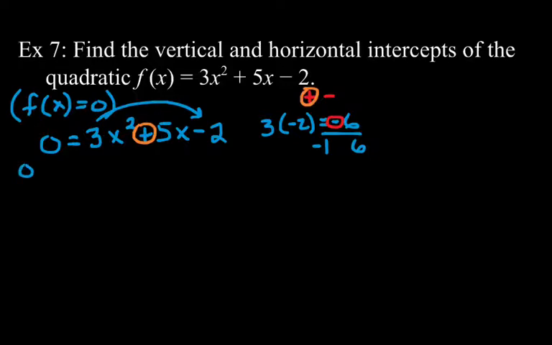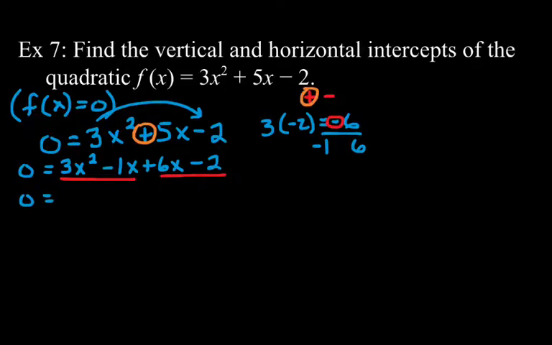So let's write this down. 0 equals 3x squared. Remember, we're replacing the 5x with a minus 1x and a plus 6x. And then minus 2. And then, if you recall, we factor by grouping. So we group them together.